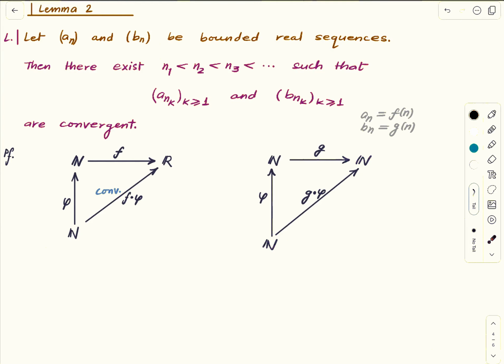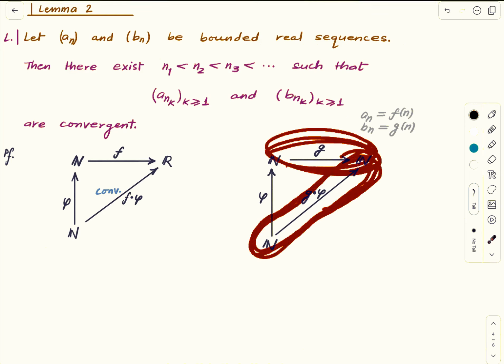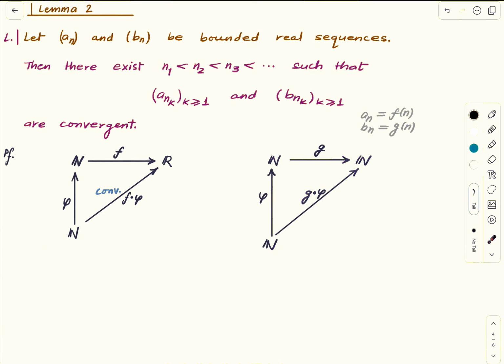But this is also a bounded sequence of real numbers, because any subsequence of a bounded sequence is a bounded sequence. So now apply Bolzano-Weierstrass to this, and therefore there is some strictly increasing function psi such that the corresponding composite is a convergent sequence.